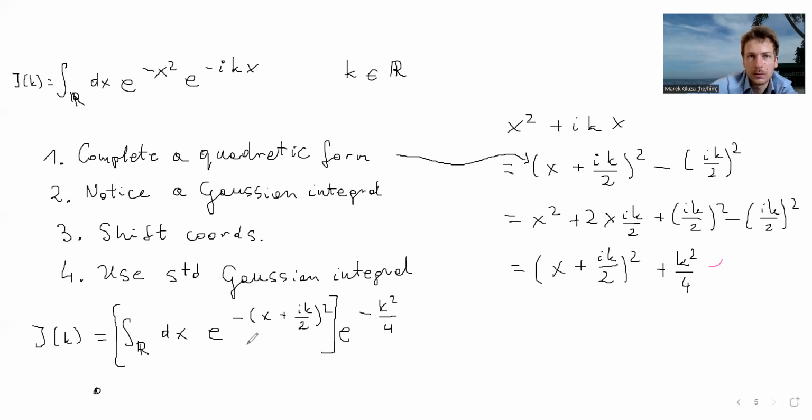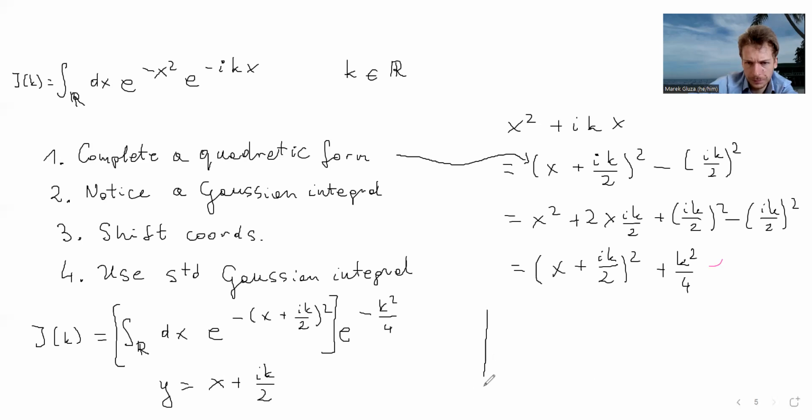Then the next step is to shift variables. For this one we cannot shift like this. So we have a complex number y, and this is a complex integral. So how does it work?